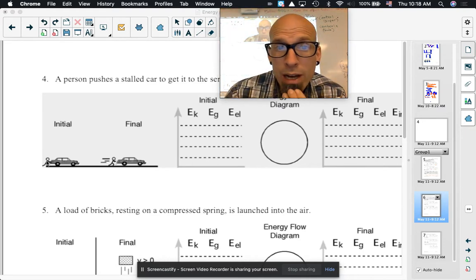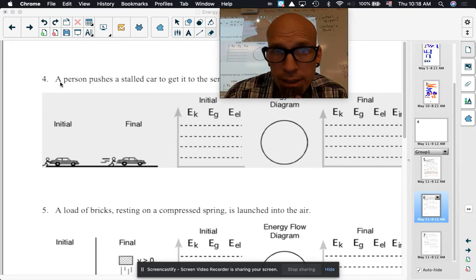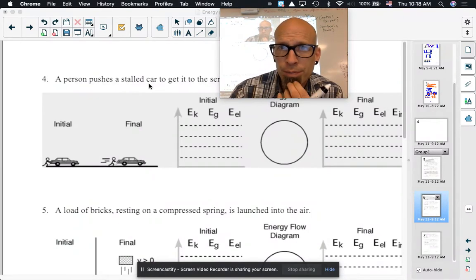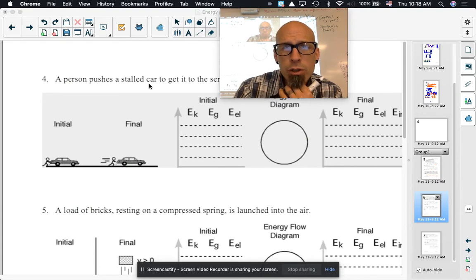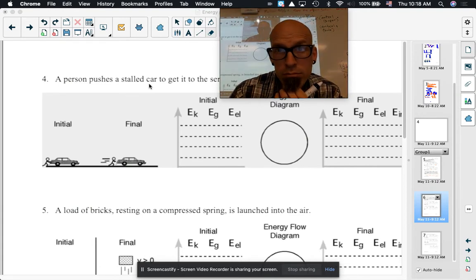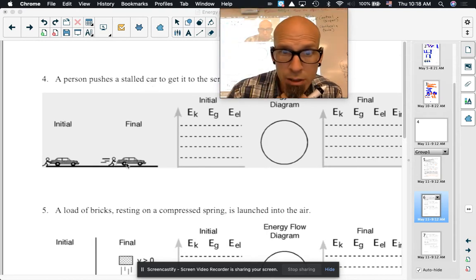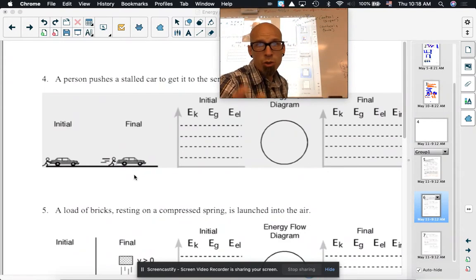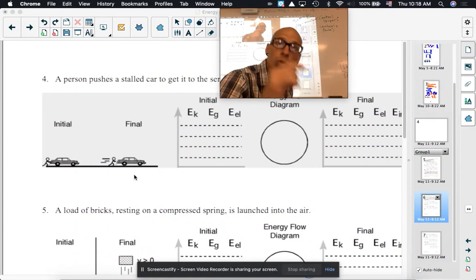However, we do have a person involved, and it says a person pushes a stalled car. That seems like work is being done. Is energy being transferred to the car in this process? It sure seems like it, because the person is pushing it, and eventually the person and the car are both moving at the end. So it seems like work is being done, transferring energy to the car.